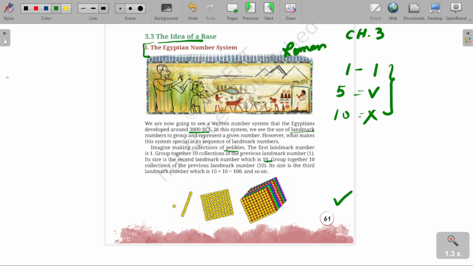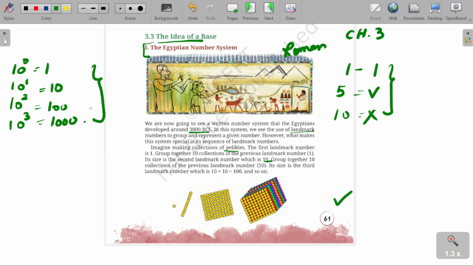That means their landmark numbers are 10 raised to 0, which is 1, 10 raised to 1, which is 10, 10 raised to 2, which is 100, 10 raised to 3, which is 1000. Fine. That means all the numbers are in multiples of 10. So please keep this in mind. This is very important for doing the next figure it out, the Egyptian number system.